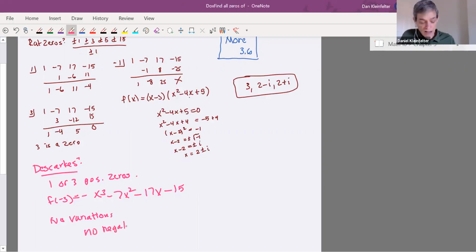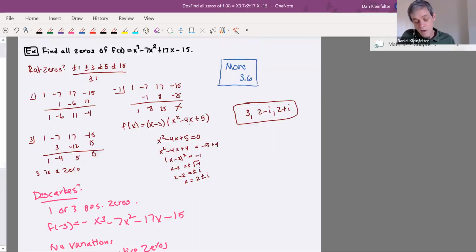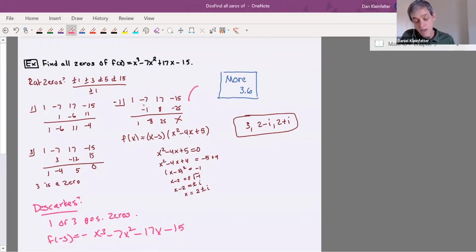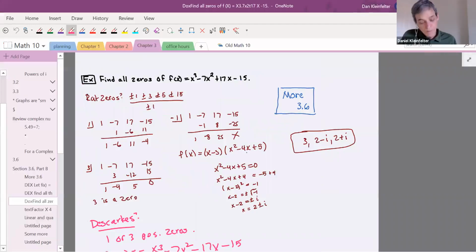I guess if I had done this first, then we could have skipped the part where we checked to see if -1 was a zero, because I would have known that there's no negative zeros. So what ended up happening was we had 1 positive zero, no negative, and then 2 complex zeros. Okay, on to our next example.